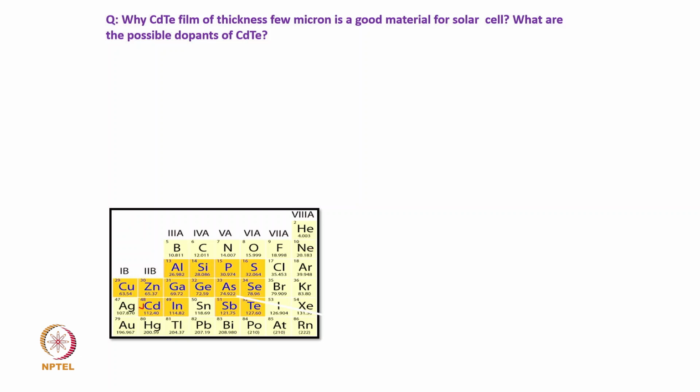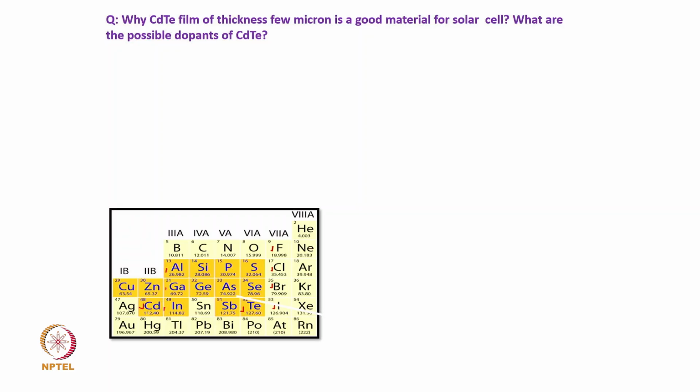So, replace cadmium by aluminum, gallium, indium to make it n type. Or on the tellurium side, which is a 6A element, if we want to make it n type, we have to dope it with fluorine, chlorine, bromine, iodine, etc. So, this way we make n type CdTe.